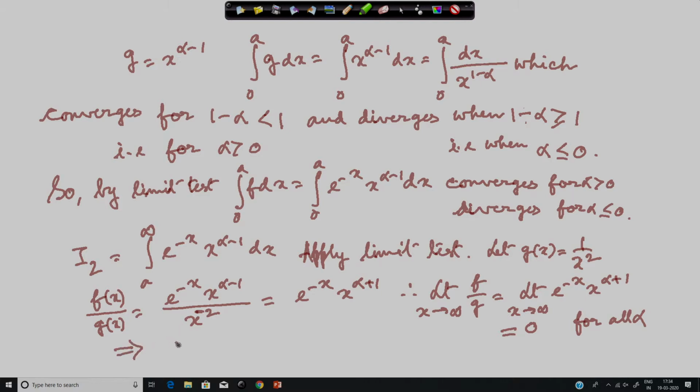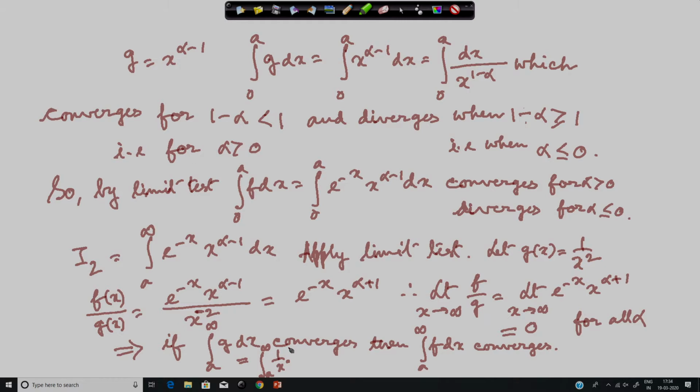So, this implies that if the integral of g dx from a to infinity converges, then the integral of f dx from a to infinity converges. Now, the integral of g dx from a to infinity is the integral of dx by x square, which always converges, because it is of the form dx by x to the power p, and this type 1 integral is convergent if p is greater than 1.